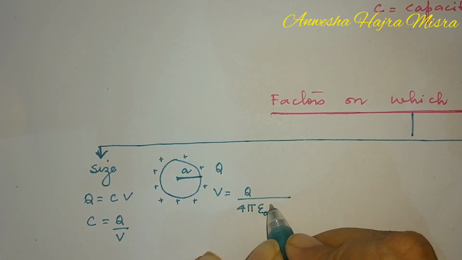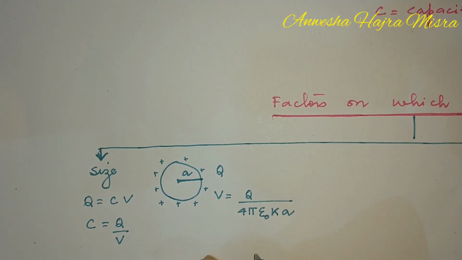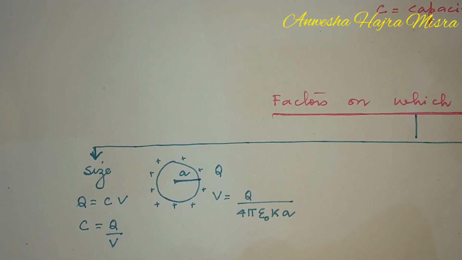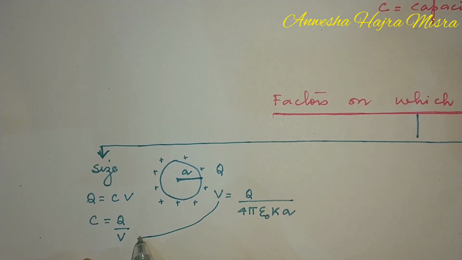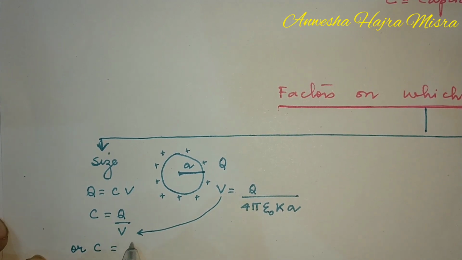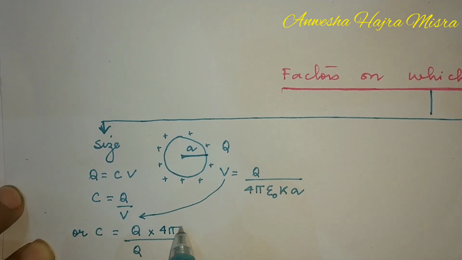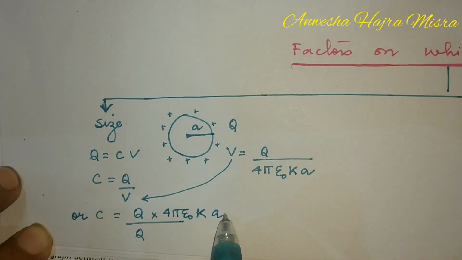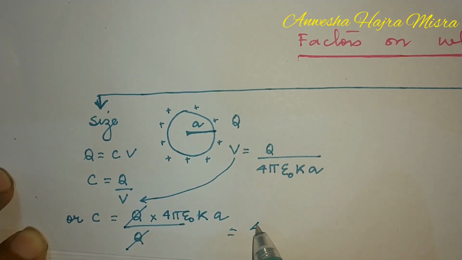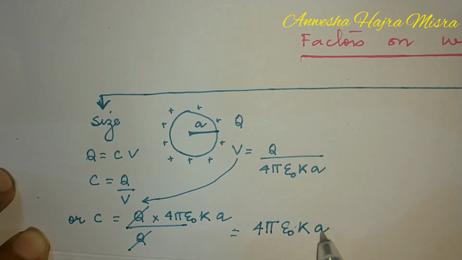Q by 4 pi epsilon naught R is the formula, and if you have a medium, you have K. Now, if you put the value of V over here, what is capacitance? Put the value of V, Q by 4 pi epsilon naught K A. Now, Q cancels. What are you left with? C equals 4 pi epsilon naught K A.